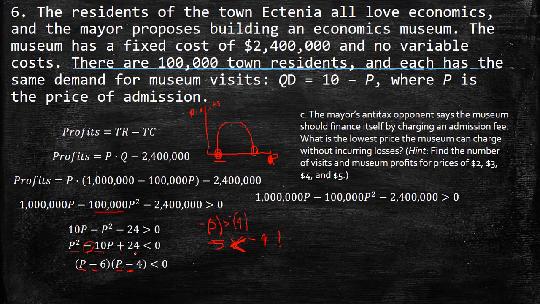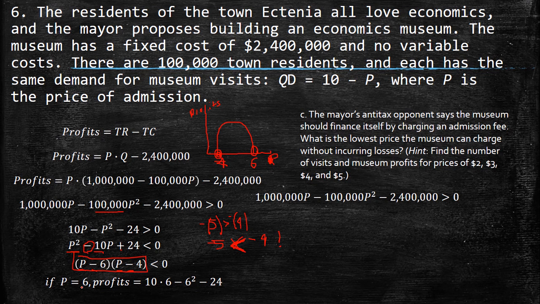So minus 6 and minus 4 multiplied give 24, and summed give minus 10. So if you solve, you verify that p equals 6 and p equals 4, just making sure that this is true.